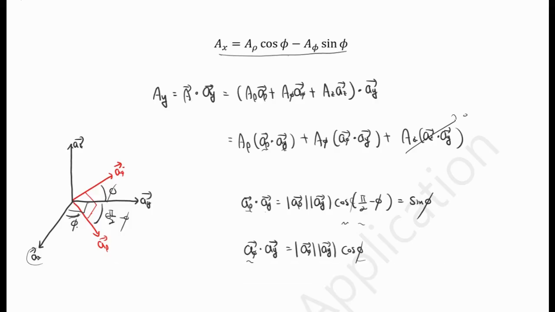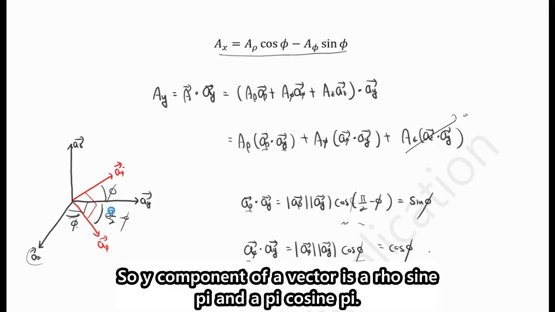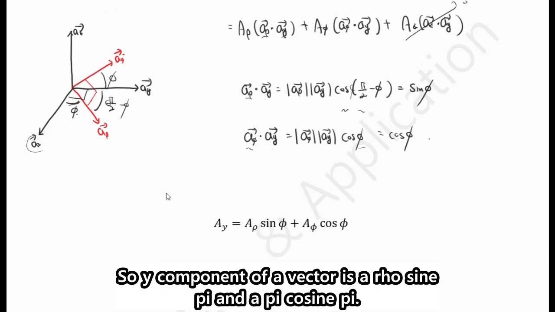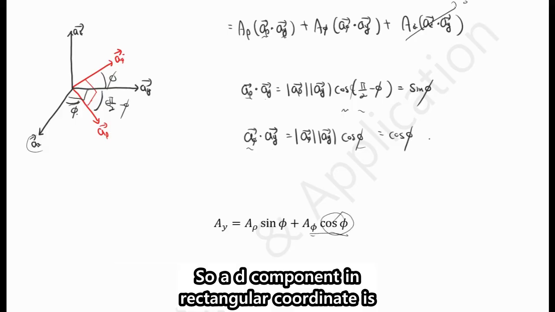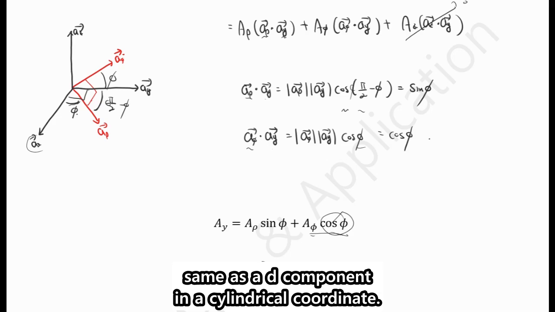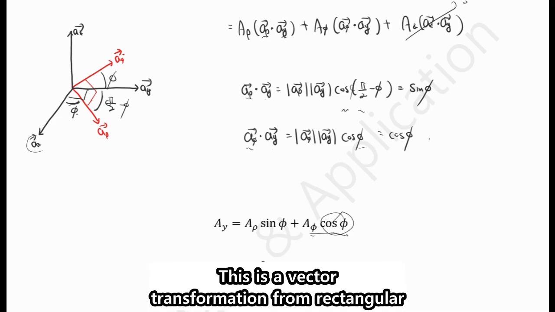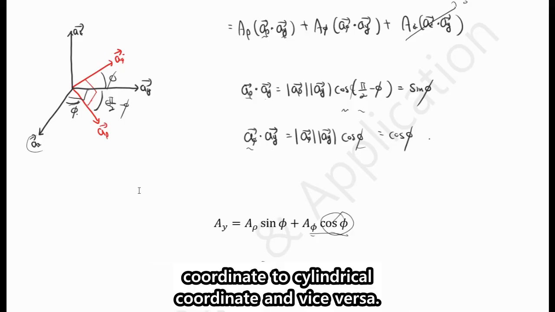This is φ. That's cosine φ. So the y component of the A vector is Aρ sine φ plus Aφ cosine φ. So the Az component in rectangular coordinate is the same as the Az component in cylindrical coordinate. This is vector transformation from rectangular coordinate to cylindrical coordinate and vice versa.